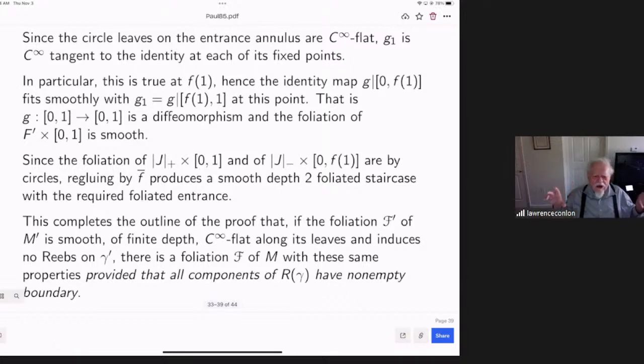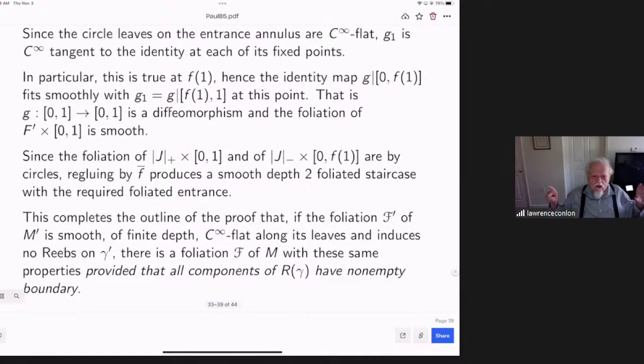Everything is C infinity and C infinity flat, except at the floor of the staircase where everything is just C1. Well, no, excuse me. Everything is C infinity. I got lost there for a minute.